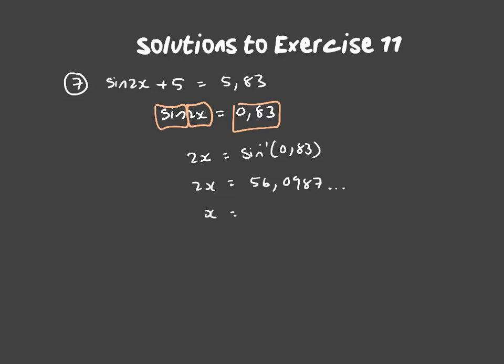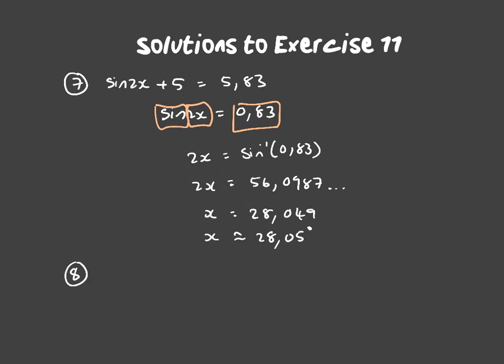So then we just divide by 2, right? We don't want 2x, so that's 28.0493, so on, and if you round off to 1 decimal place, it will be 28.05 degrees.